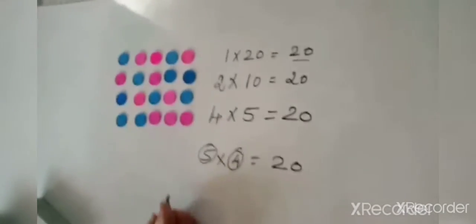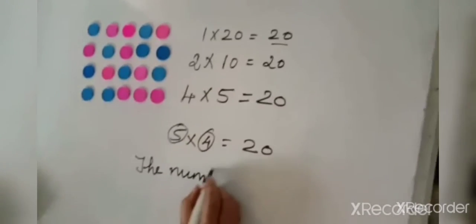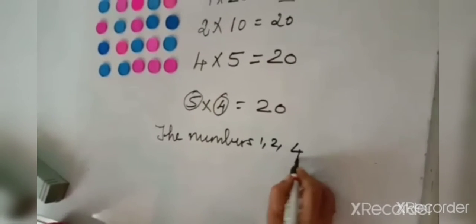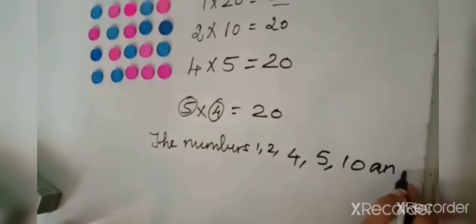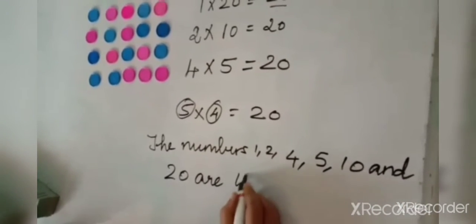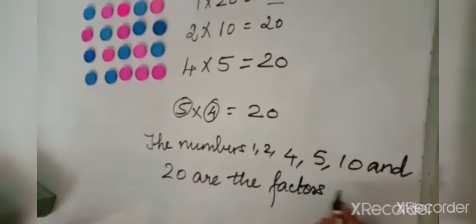So we can say that the numbers 1, 2, 4, 5, 10 and 20 are the factors of 20.